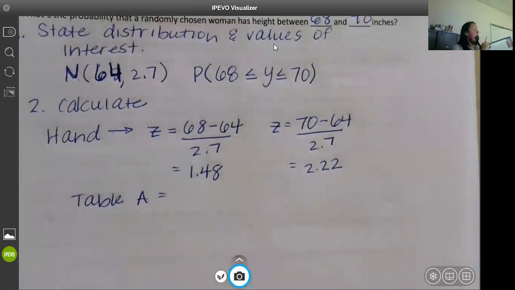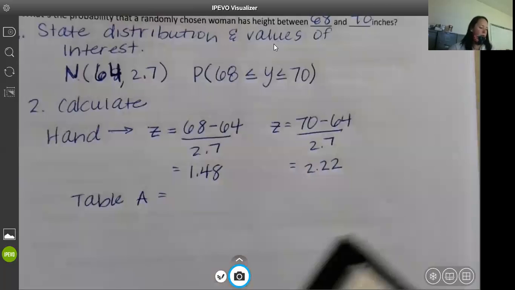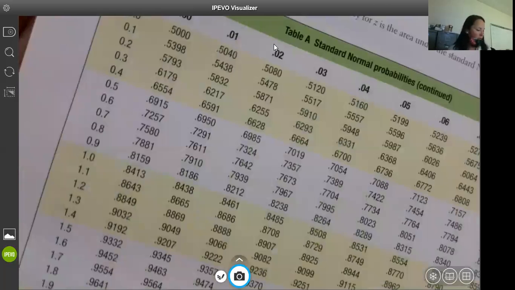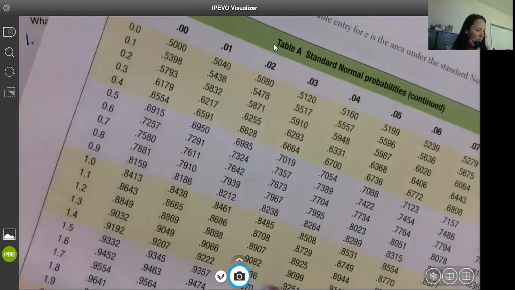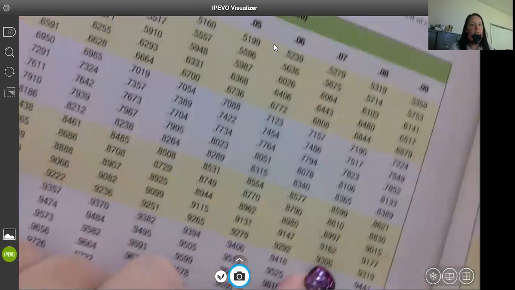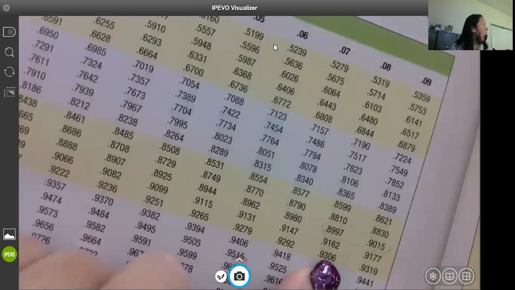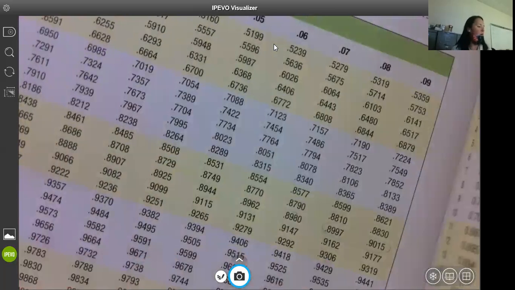I wish I had them, I do have them printed up there, I think. My charts are hard to find in my book. All right, so 1.48. Here's 1.4. And then 8 is all the way over here. So 0.9306. You guys remember doing that? Okay, same thing, 0.9306. I wanted to show you how to find that.